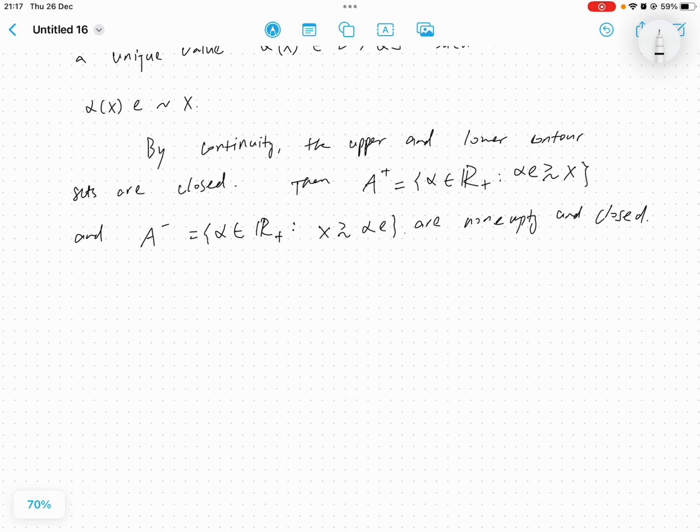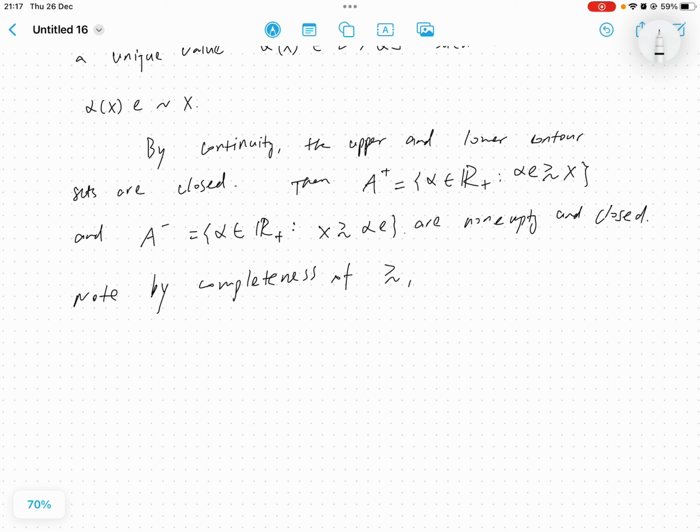And further, we note that by the completeness, we could always compare. So by completeness, this would also be a useful assumption. Otherwise, we don't need that, right? By the completeness of the preference relation, this upper and lower contour sets together should cover the whole space of R plus.